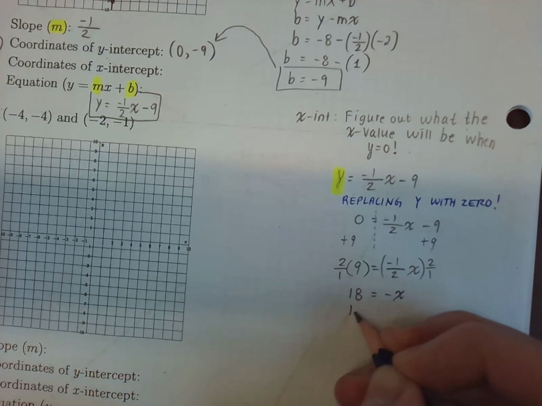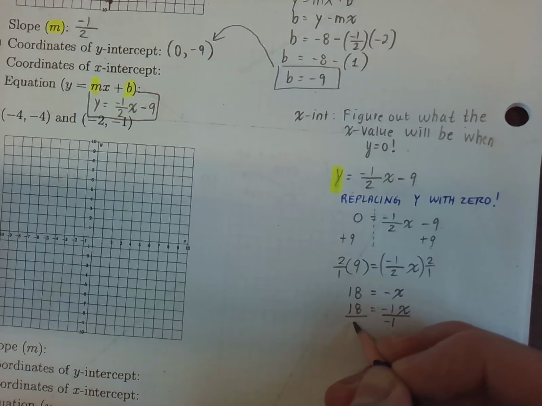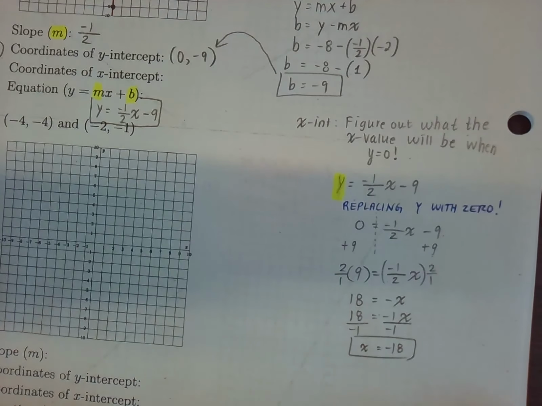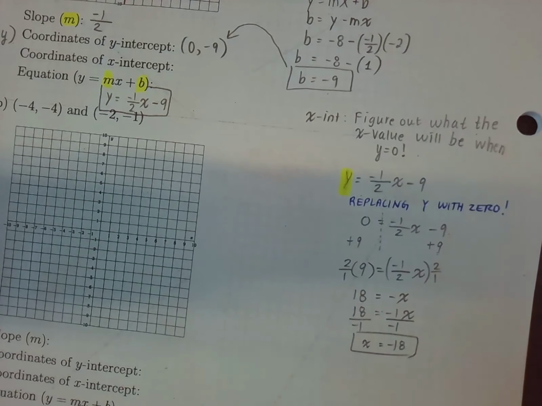And then if 18 equals negative 1x, I can divide both sides by negative 1. X equals negative 1. Oh, sorry, x equals negative 18. And that technically should be correct.